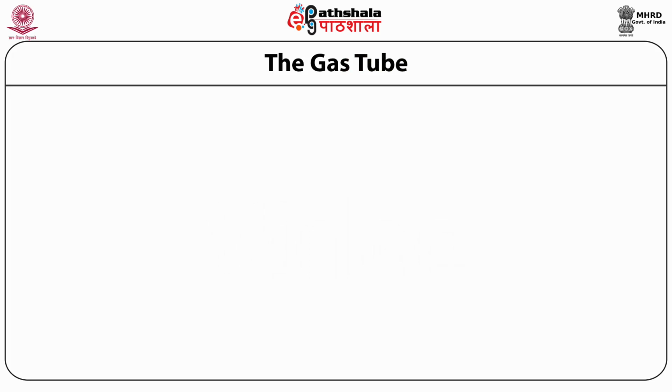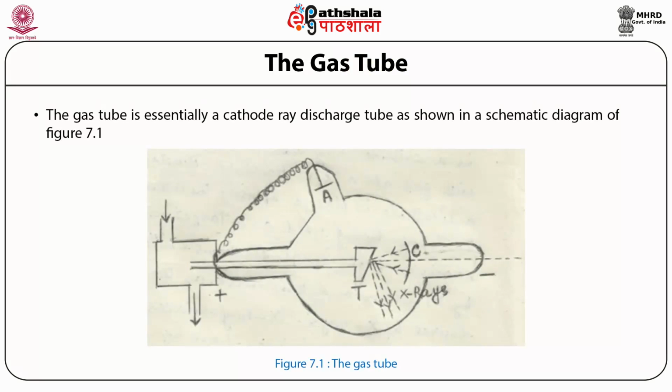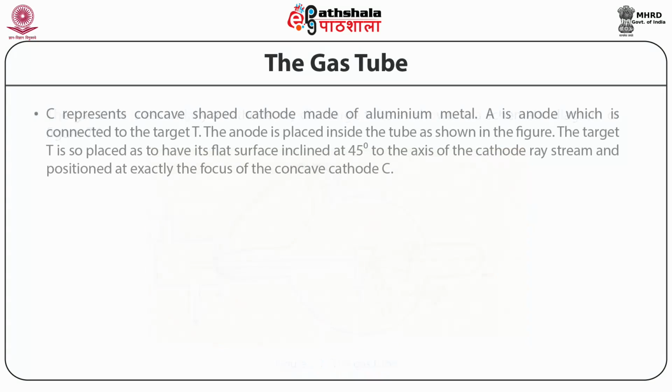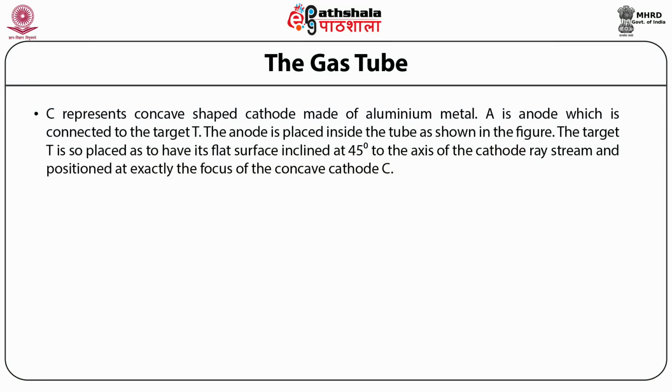The gas tube. The gas tube is essentially a cathode ray discharge tube as is shown in a schematic diagram of figure 7.1. C represents a concave shaped cathode made of aluminum metal. A is the anode which is connected to the target T. The anode is placed inside the tube as is shown in the figure.